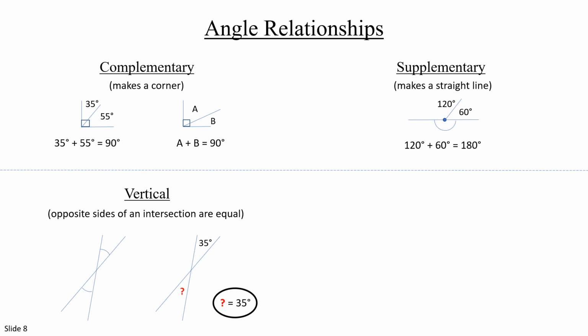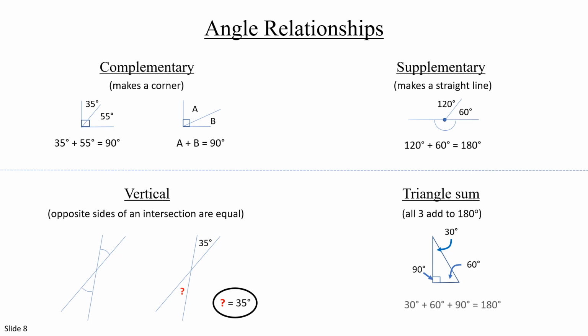Because they're vertical angles. Triangle sum. And all three angles add up to 180 degrees. So here's our right triangle. That one's 30, that one's 60. And since we know that that little box means 90, if I add them all up, I get 180 degrees. It'll always be the internal angles of a triangle all add up to 180.